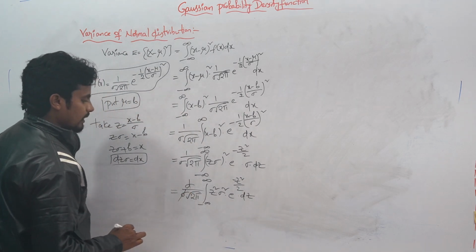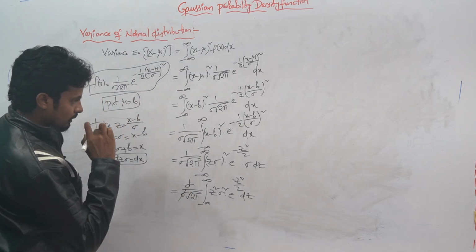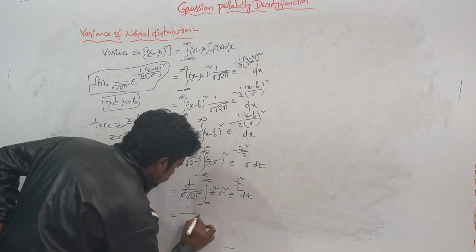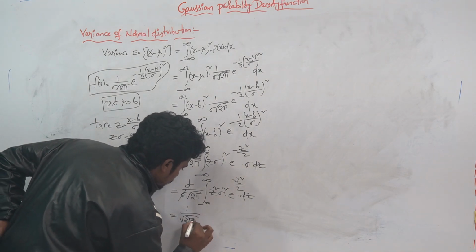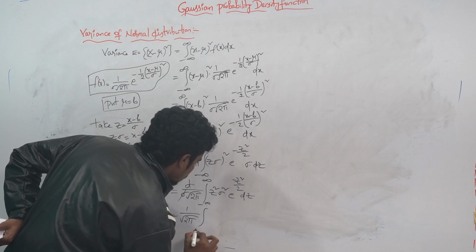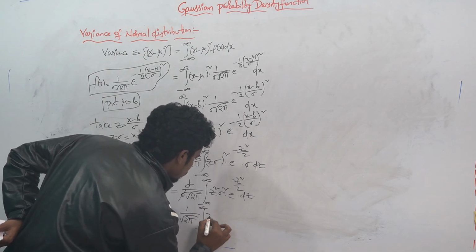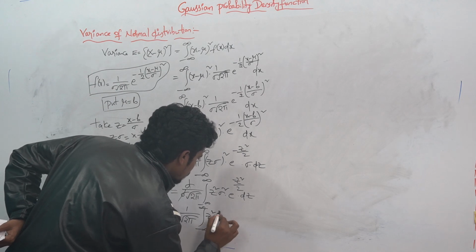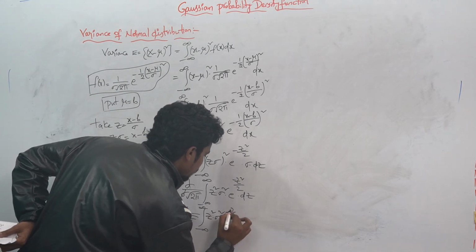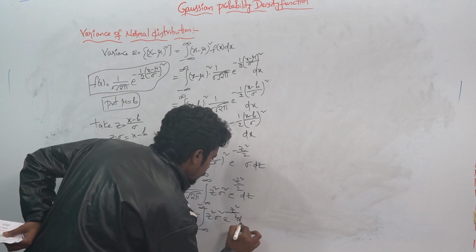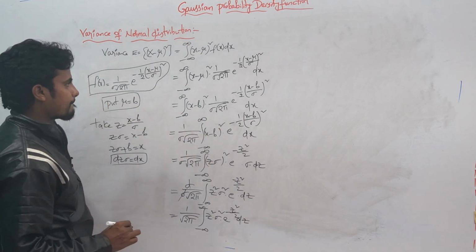Here sigma will get cancelled, that will be 1 divided by root 2 pi, and integration from minus infinity to infinity of z square into sigma square into e power minus z square divided by 2 into dz.